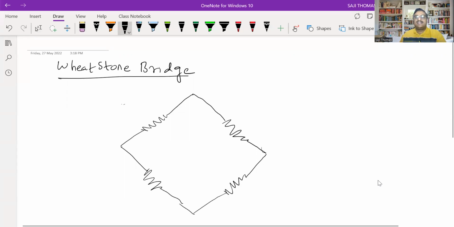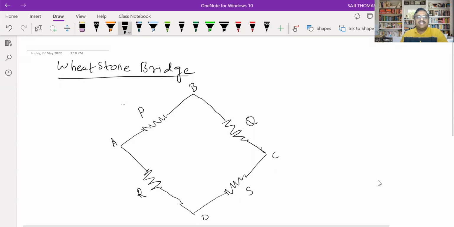Four resistors are arranged like this. This resistor I am naming as P. This is Q, this is R, this is S. And I am naming the points A, B, C, D.